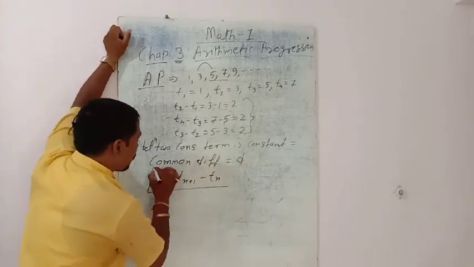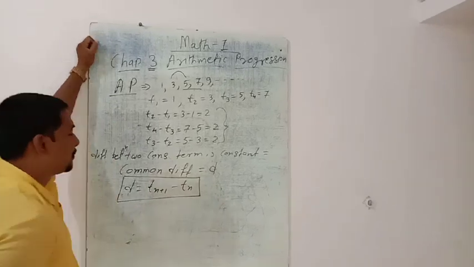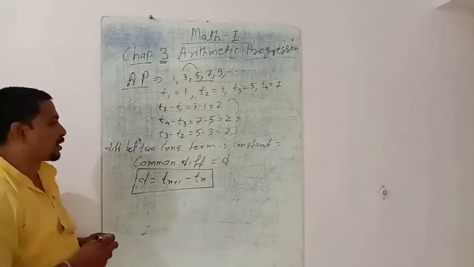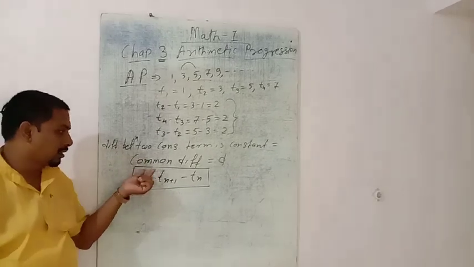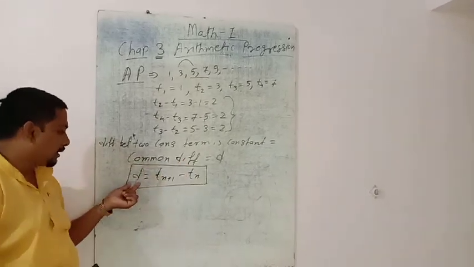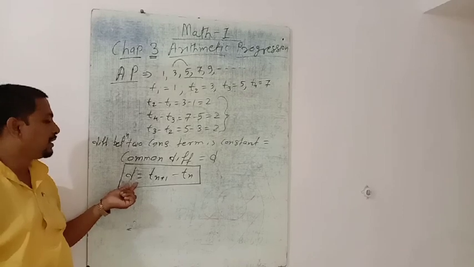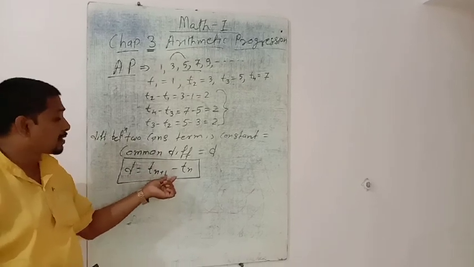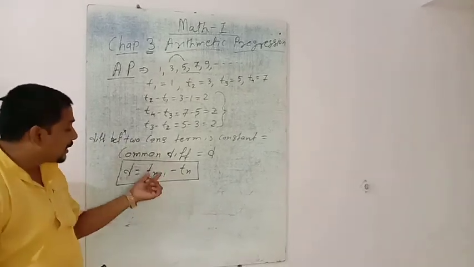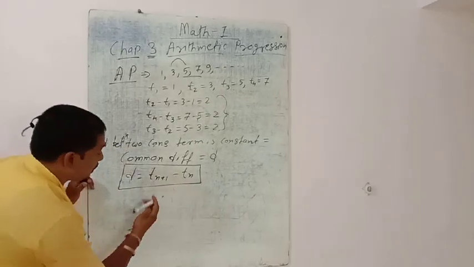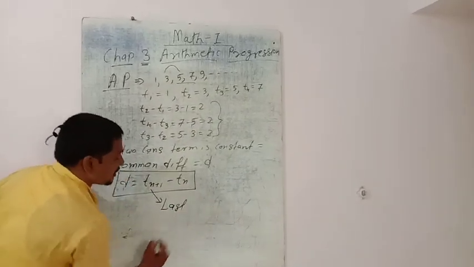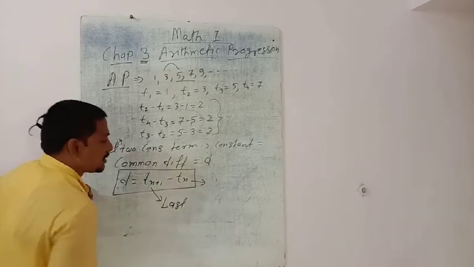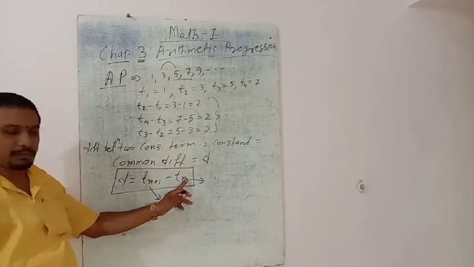This is the formula of the common difference: the difference between two consecutive terms is called D. The formula of D is equal to Tn plus 1 minus Tn, where Tn plus 1 is the last term and Tn is the last but one term.